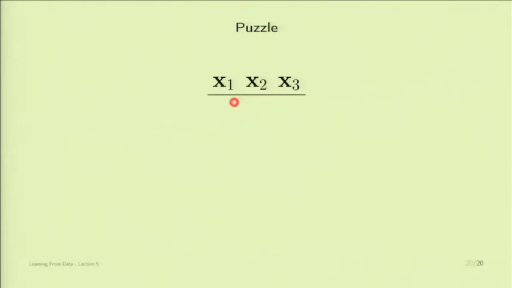Therefore, I cannot get all possible patterns. There are only 4 possible patterns, which, if you take it as binary, are 0 0, 0 1, 1 0, 1 1, and I'm representing them using the black ones. So in this case, x1 and x2 get 0 0, so to speak.